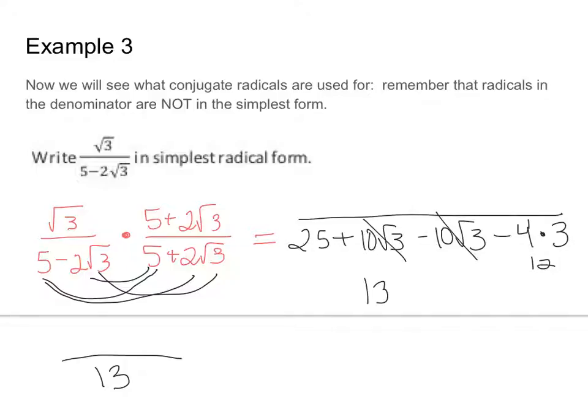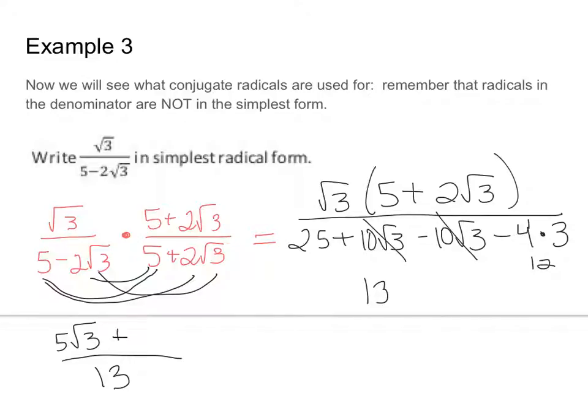This is the bottom. Let's do the top, where we're doing the square root of 3 times the quantity 5 plus 2 square roots of 3. Square root of 3 times 5 is just that, 5 square roots of 3. Notice I always write the whole number first, the radical second. And then 2 square root of 3 times square root of 3 is the square root of 9.